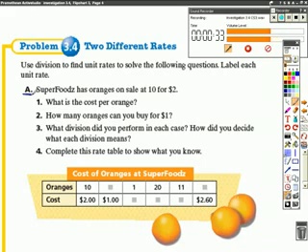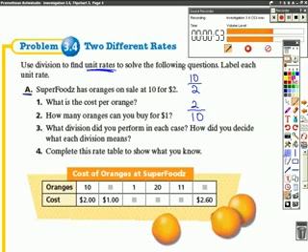So what we basically have to do is find the unit rate that will give us the cost per orange. We're going to set it up both ways. So we will do 10 over 2 and 2 over 10.